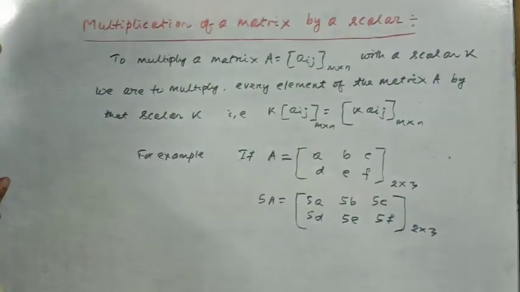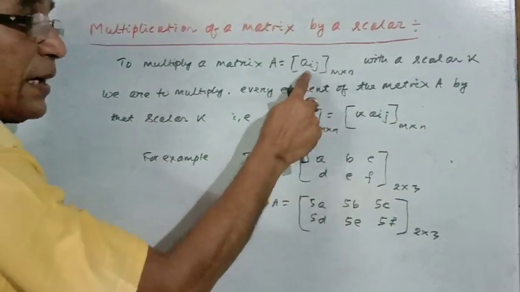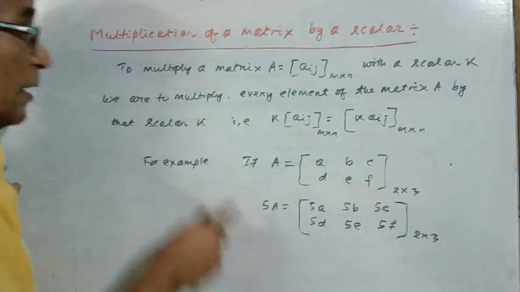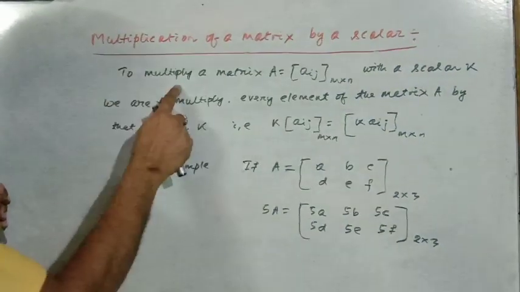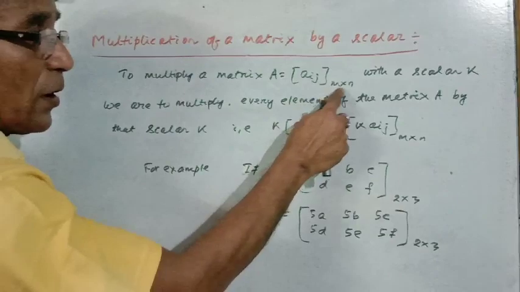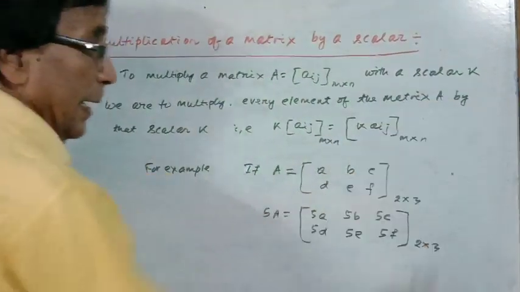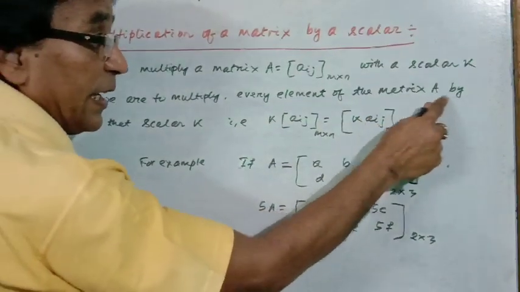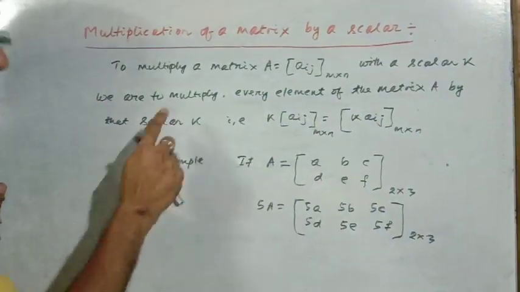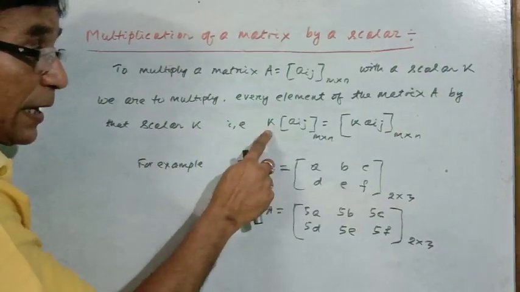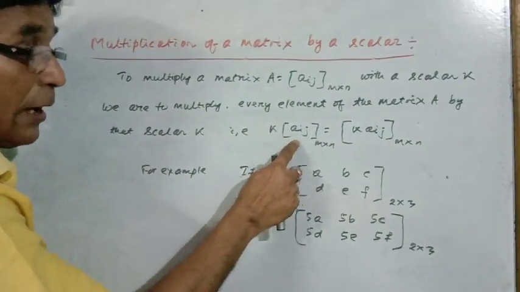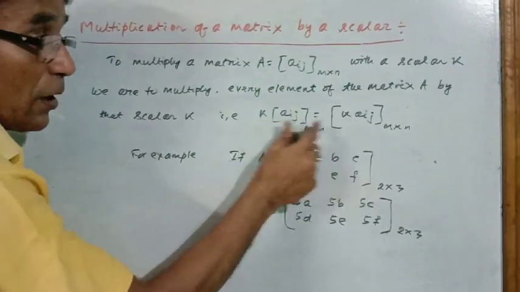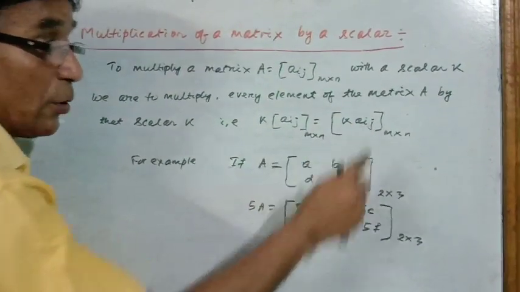Then every element of the matrix A must be multiplied by that scalar k. That means when we multiply k with this matrix Aij, we multiply every element Aij by the scalar k. So the product of these two will be the matrix k times Aij.